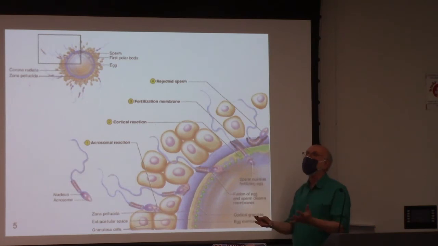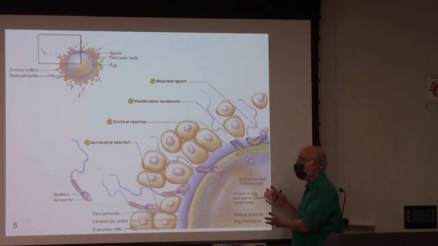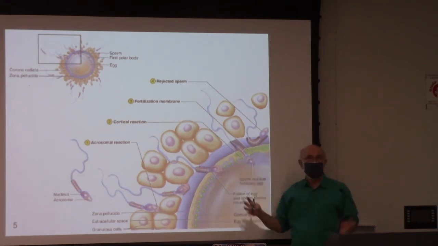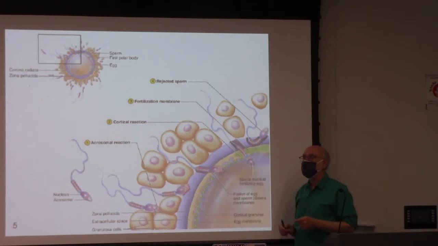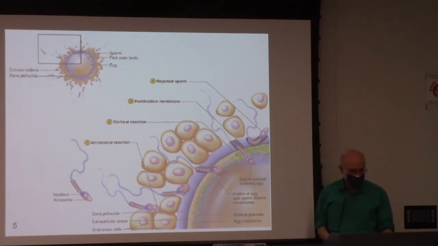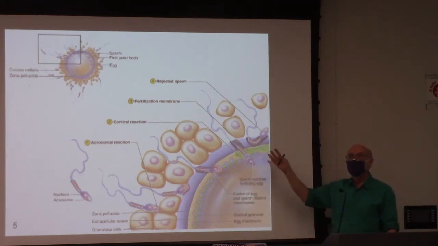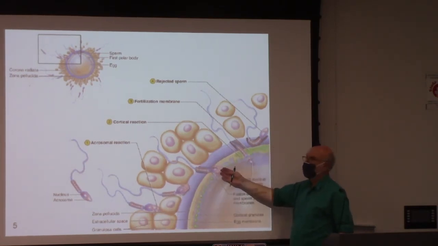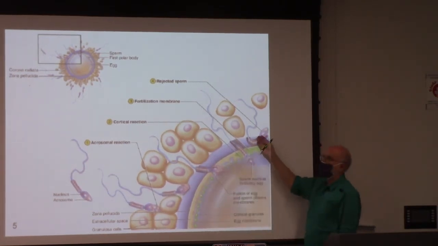We have a true haploid cell, well, two haploid cells fusing to make a diploid stem cell for all of development. So this one cell now has the potential to develop everything in a human being. And now we're talking about development, which is a whole other course, which I'm not going to do. No way. Are we clear on these interesting steps associated with fertilization, the cortical reaction, and the block of polyspermy?